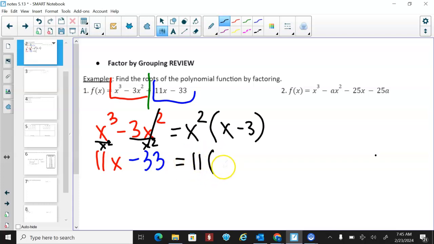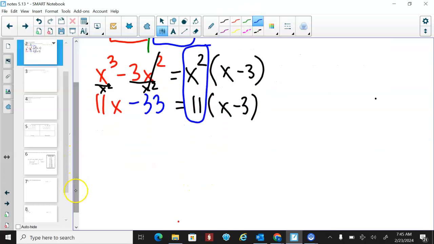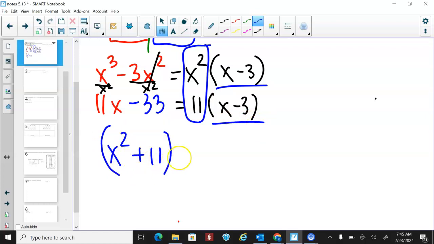So if I take 11 out, I'm going to get x minus 3 again. So now you have your greatest common factors in the front, you group them together, and you have the same factor repeated. So in one parenthesis I put the greatest common factors, and in the second parenthesis I repeat the one factor once.